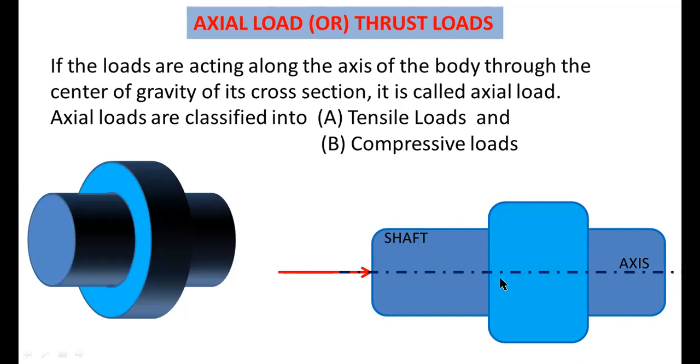The axis of the shaft and the load are both parallel. The examples of axial loads are tensile loads and compressive loads.